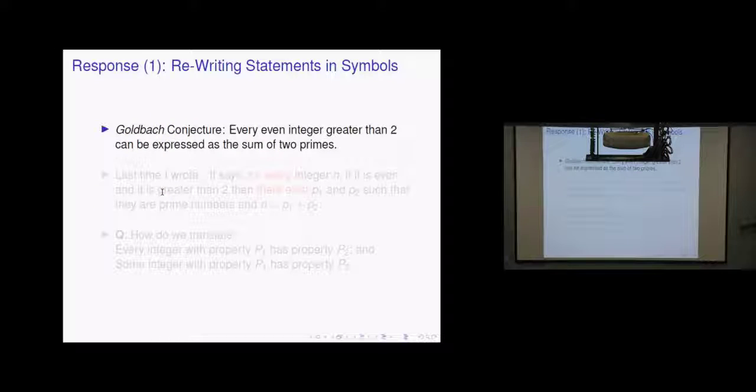Okay, so the first query was about how to write statements in symbols. I introduced some connectives. I also introduced some quantifiers. And then I gave you some examples of a mathematical statement, and then I turned the statement into symbolic form.